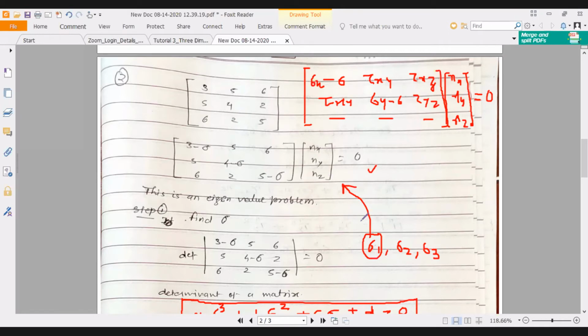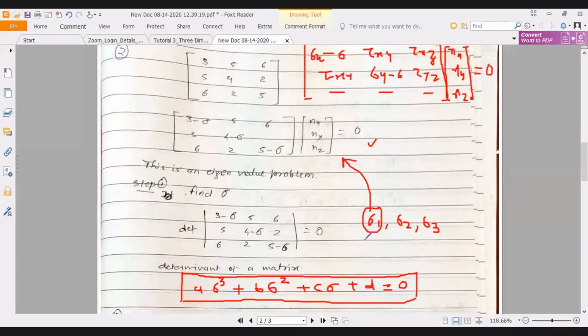So this is the standard procedure to calculate nx, ny, and nz for any principal stress calculated. Okay, do you have any problem with question number 1 and 2? Yes.